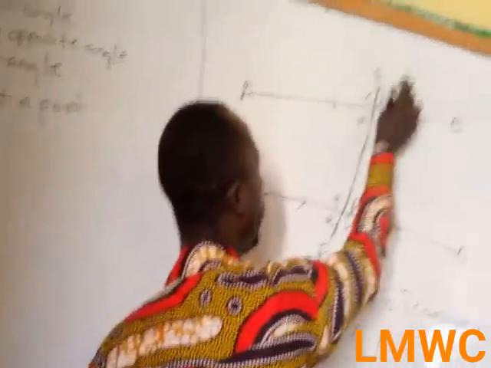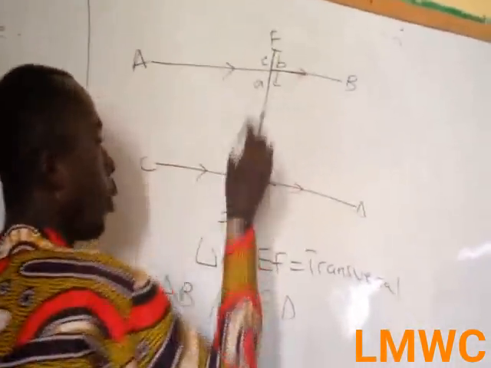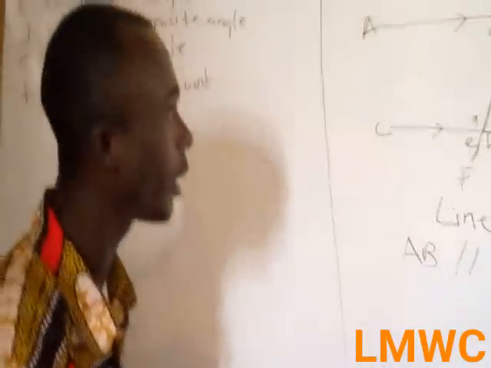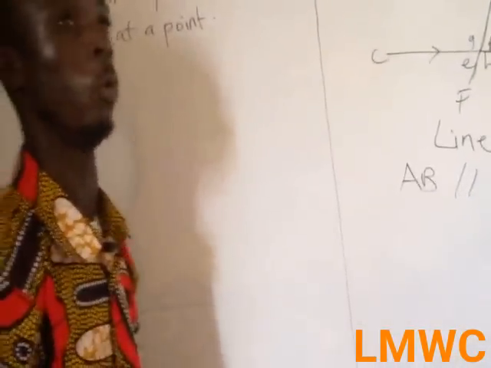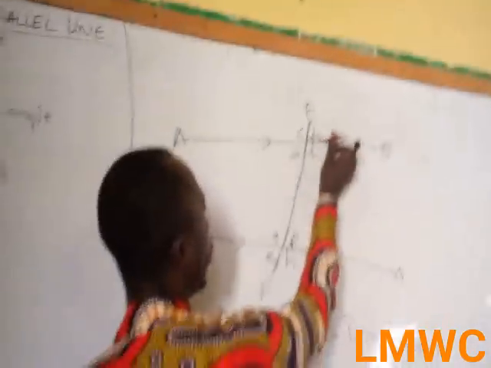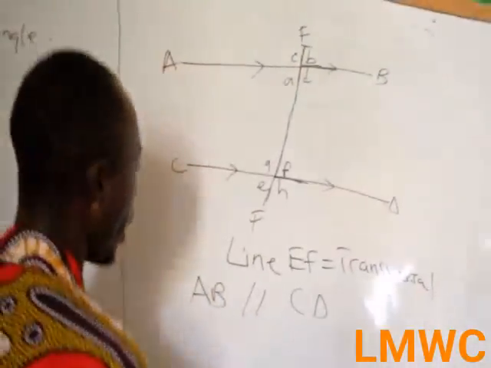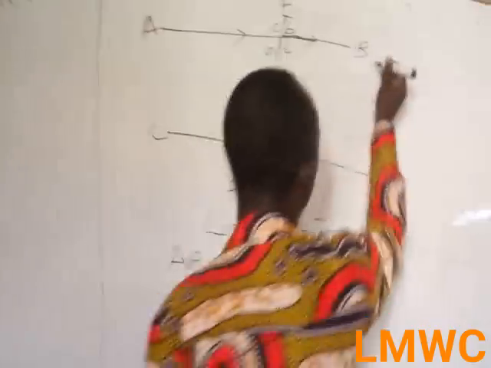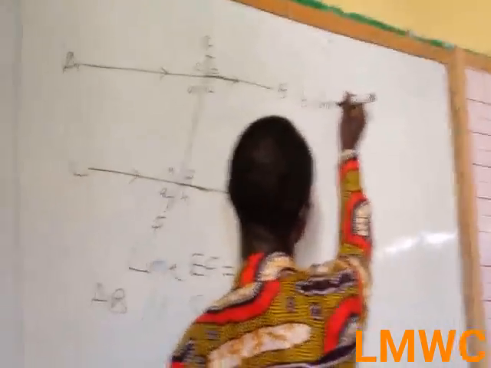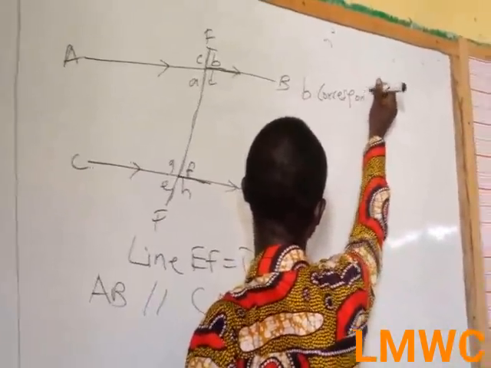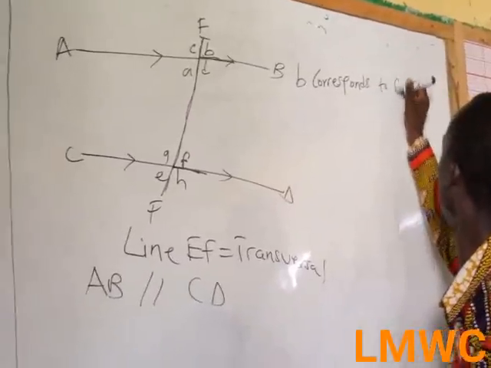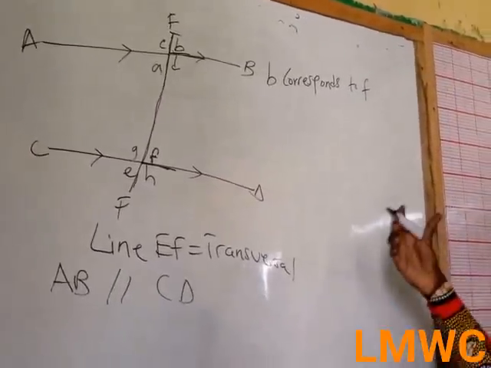This means B corresponds to F. Always take note that corresponding angles are equal.